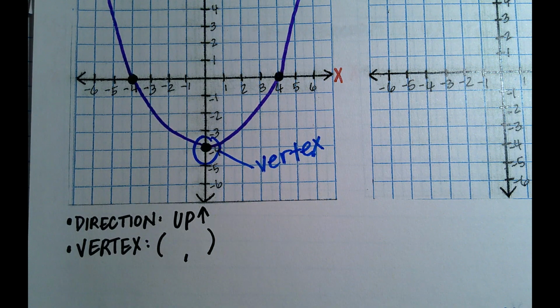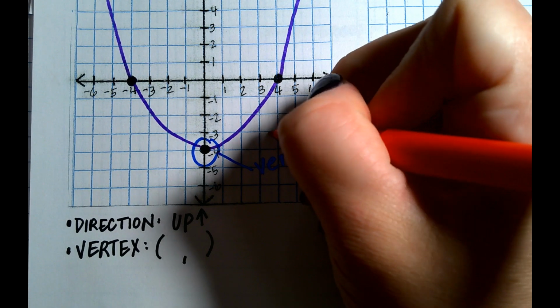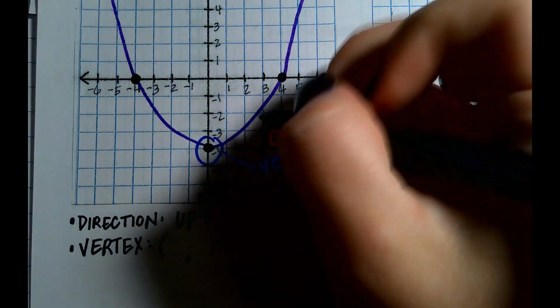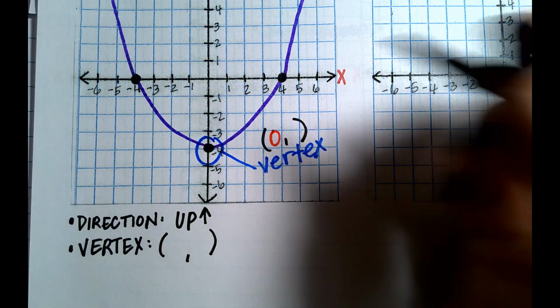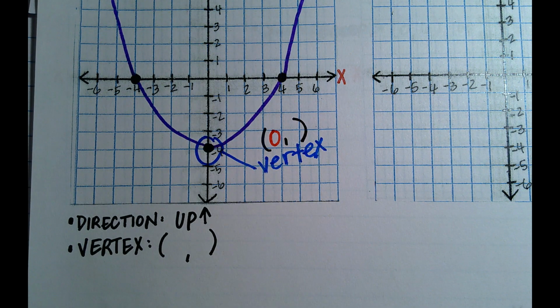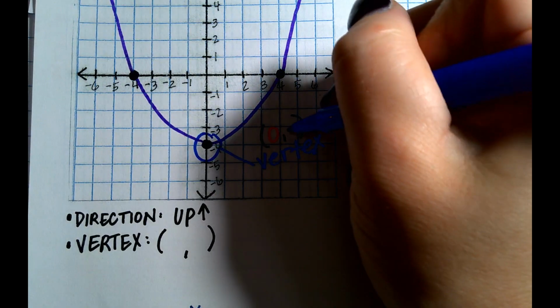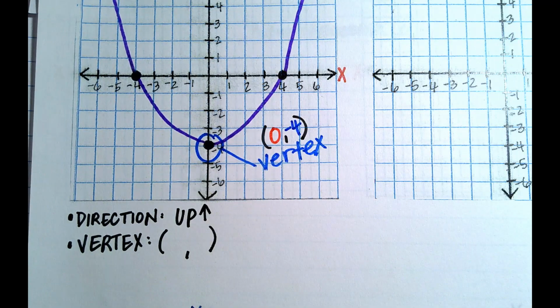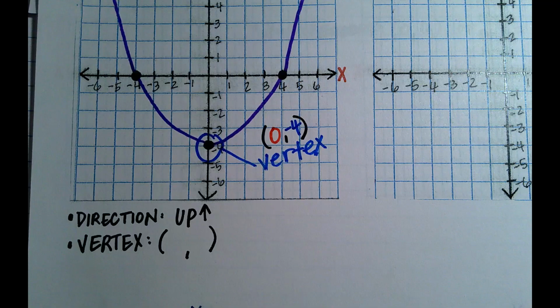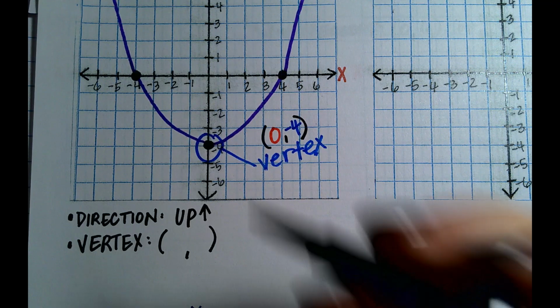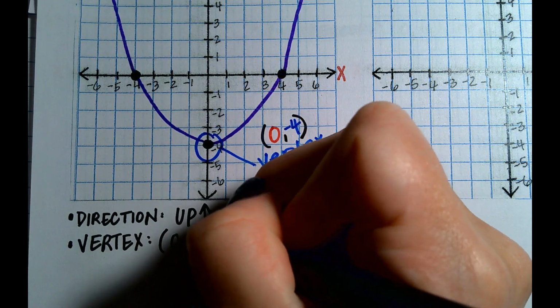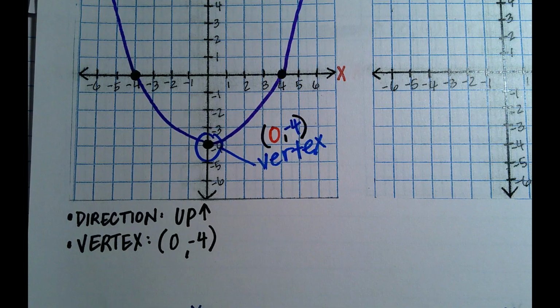So that is my x value. Now, where does it touch the y-axis? -4. Good. So our vertex is (0, -4). Okay.